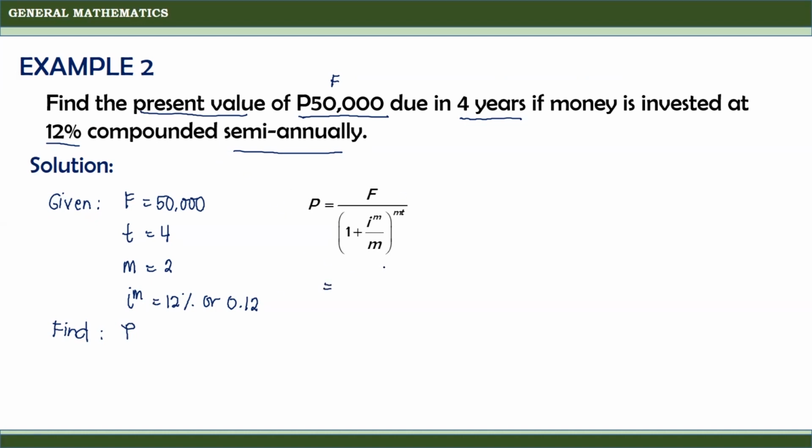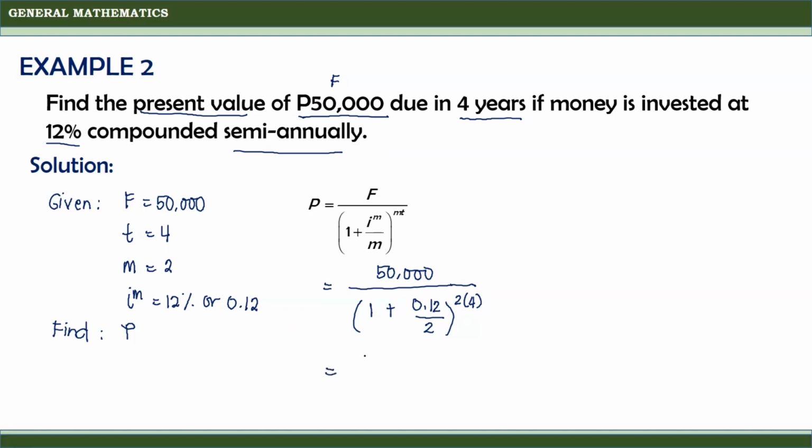Hence, we're going to have 50,000 divided by 1 plus 0.12 divided by 2 raised to 2 times 4. From here, what we need to solve first is this one. So we need to divide 0.12 by 2 and multiply 2 and 4.